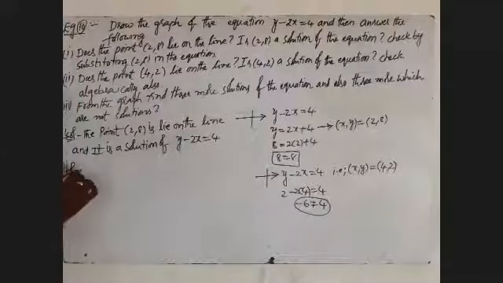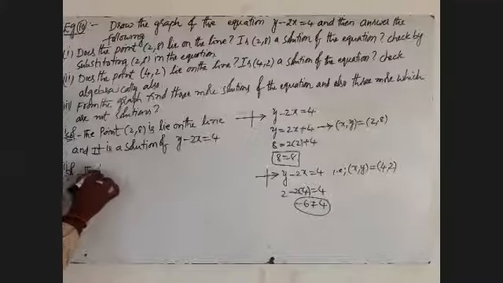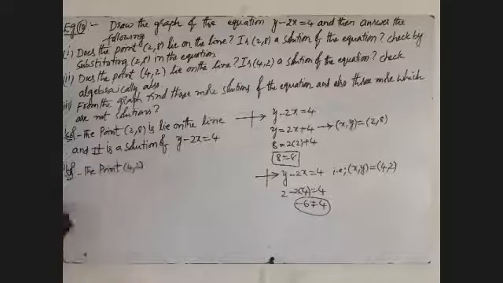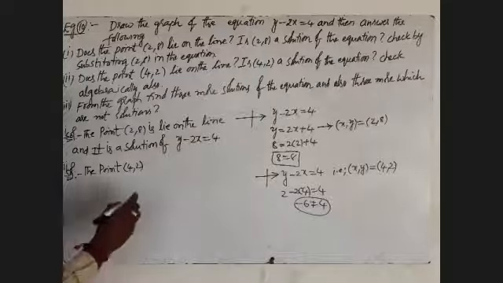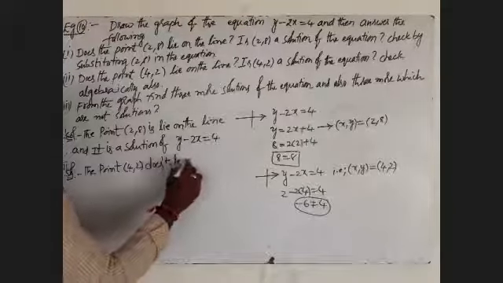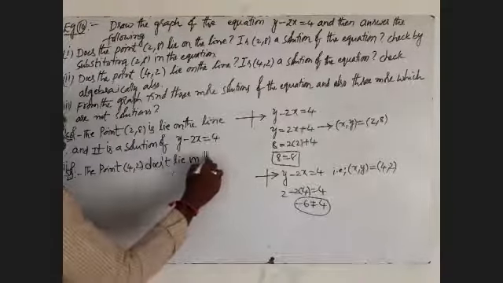So the point 4, 2 does not lie on the line.